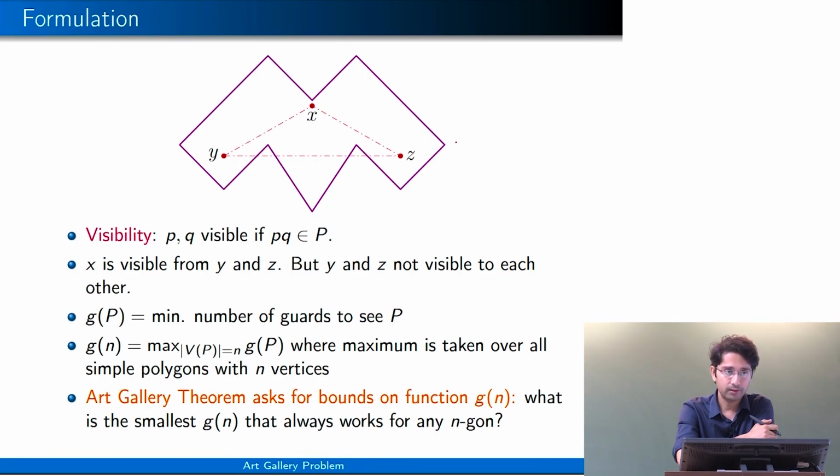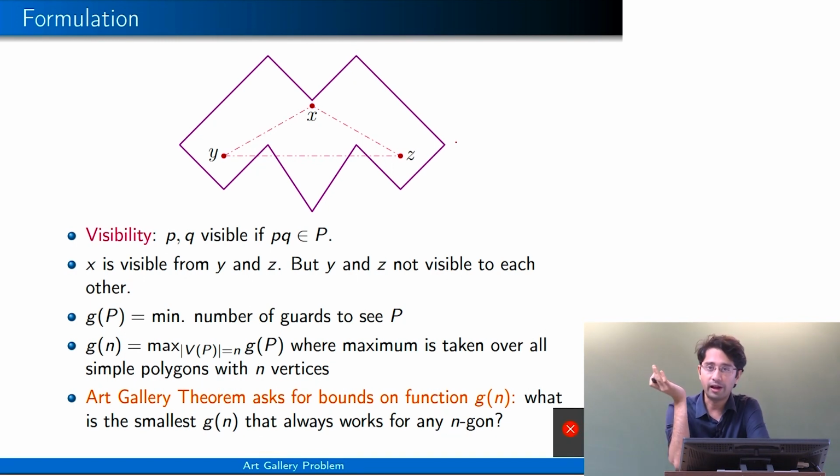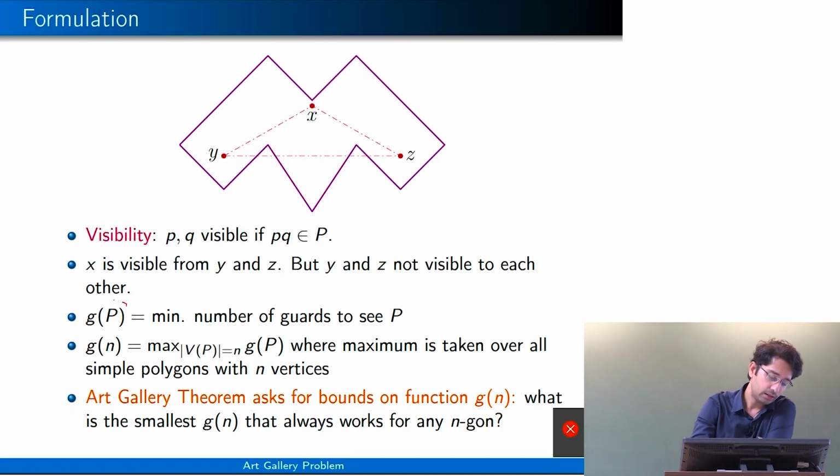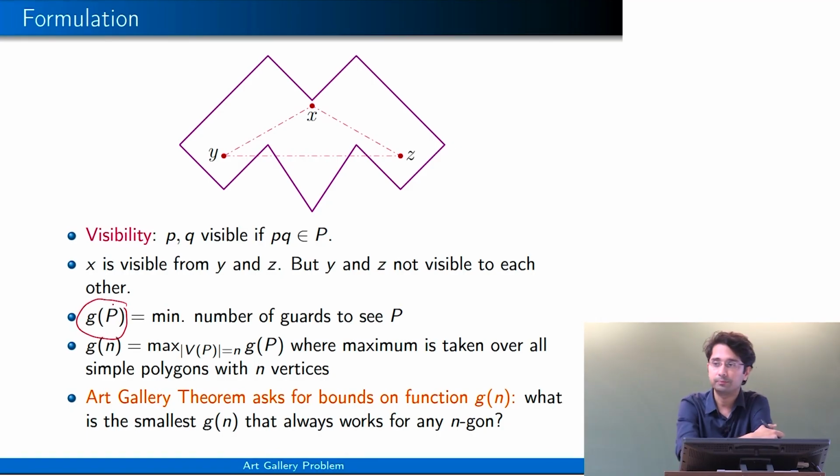Suppose it is possible, and I denote the number of guards needed to guard any polygon P by G of P. There exists a number, whether I am able to compute it or not is a different issue, but there exists a number that is the minimum number of guards needed to guard a polygon P.